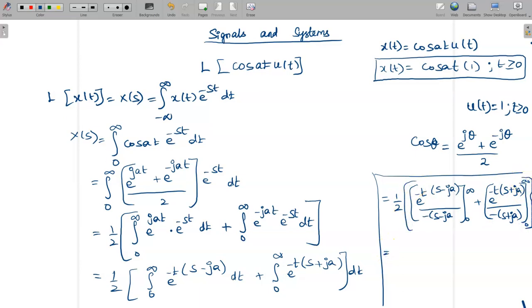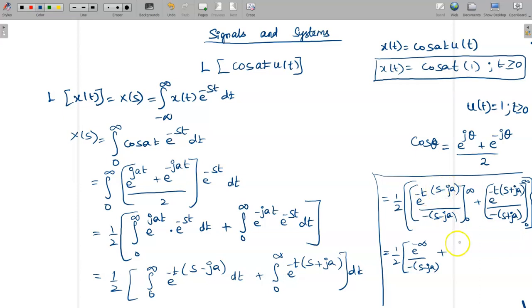Now apply the limits. Apply the upper limit. Infinity into any term is infinity, so I can write this term as e power minus infinity divided by minus of (s minus ja). Apply the lower limit. While applying the lower limit, you should have one more minus, so minus into minus is plus.